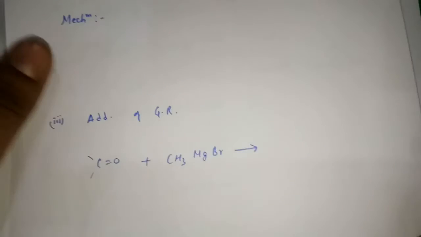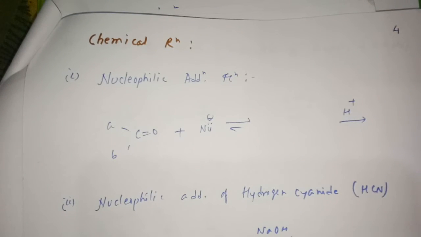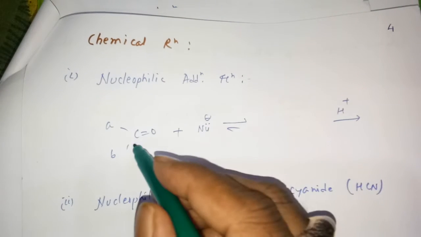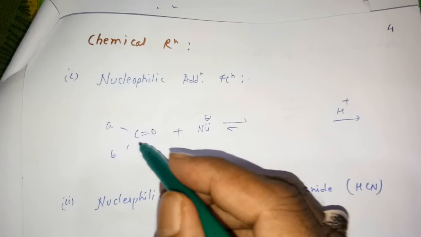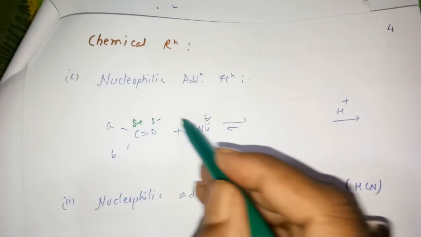Now we are switching to the next part, the chemical reactions of aldehydes and ketones. Aldehydes and ketones possess the same type of chemical reactions because they possess the same functional group, C=O. If a nucleophile is there, obviously this is the positive part and this is the negative part.